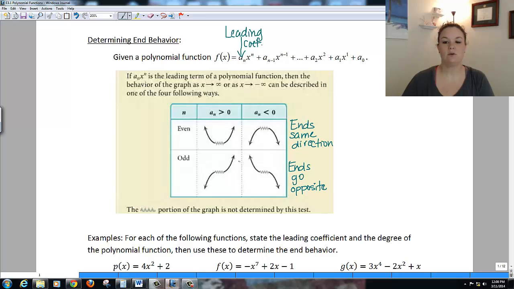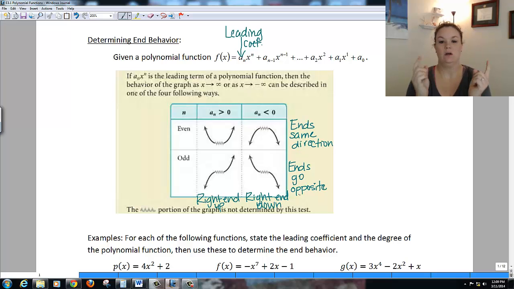So if our leading coefficient is positive, then the right side goes up. Right end up. Okay. Notice here, if our a sub n is less than 0, or our leading coefficient is negative, then notice on both of these graphs, whether it's odd or even, the right side's going down. So I'm just going to say right end down.